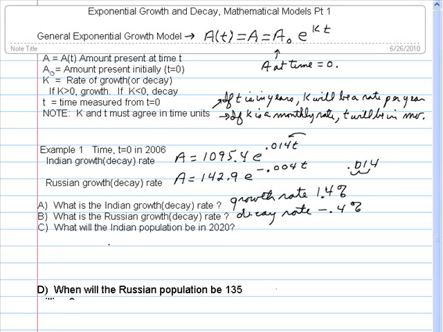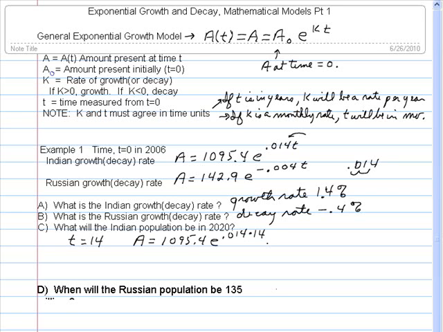Now, the next problem says, what will the Indian population be in 2020? Remember, the base year is 2006. So in 2020, 14 years will have gone by, so t will be 14. And this is a straight plug-in. I want to know the population, that's A, or A of t, and that's going to be 1095.4 e to the 0.014 t, but t is 14.